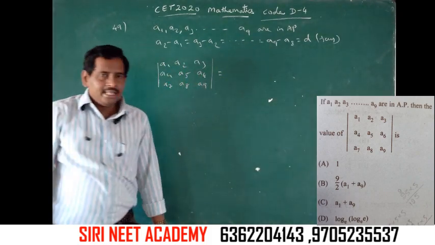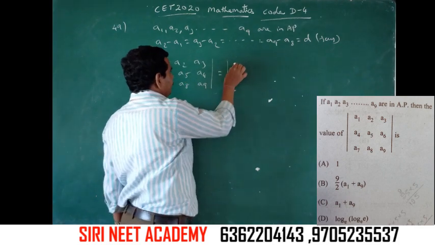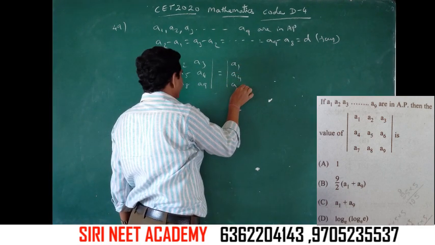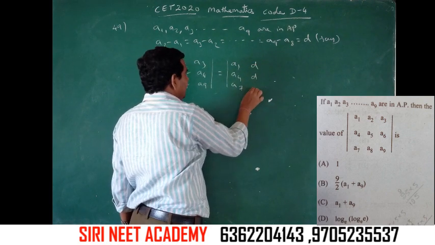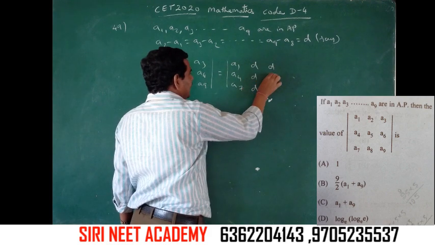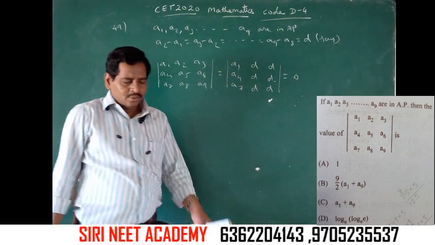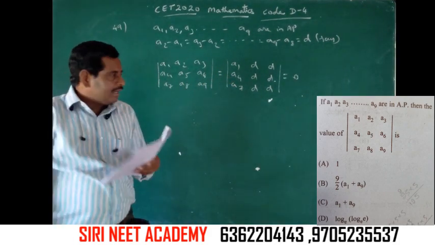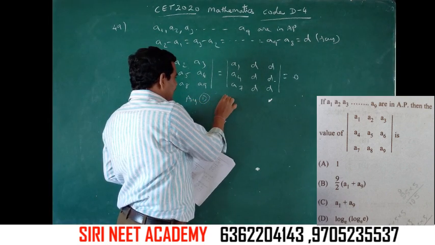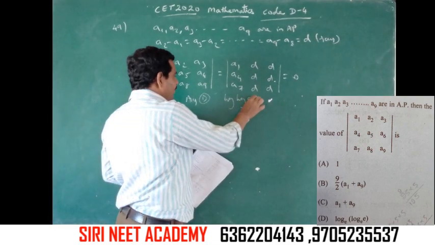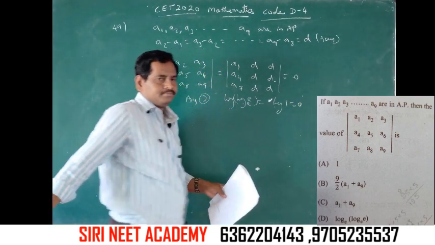So here, operating R2 minus R1, R3 minus R2. A2 minus A1, D. A5 minus A4, D. A3 minus A2, D. Two rows are equal. Determinant value 0. So option is D. Why? Because D contains logarithm of log e base e. Log e base e is 1. Log 1 is 0.